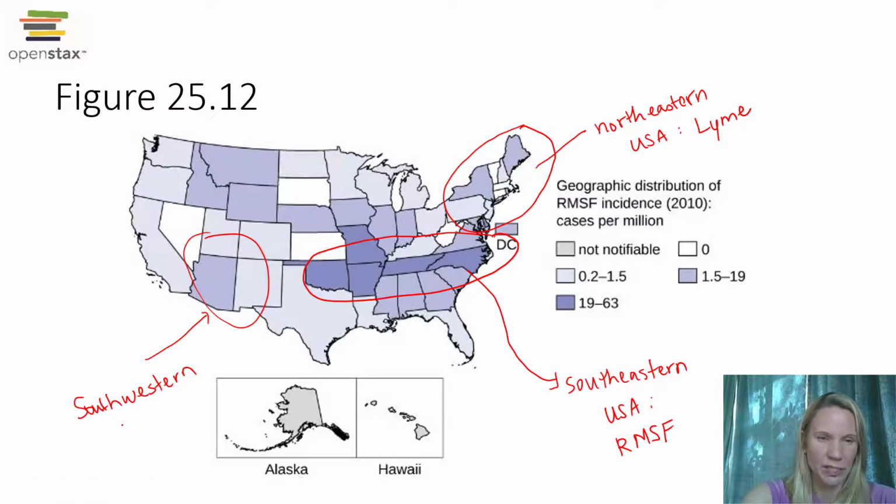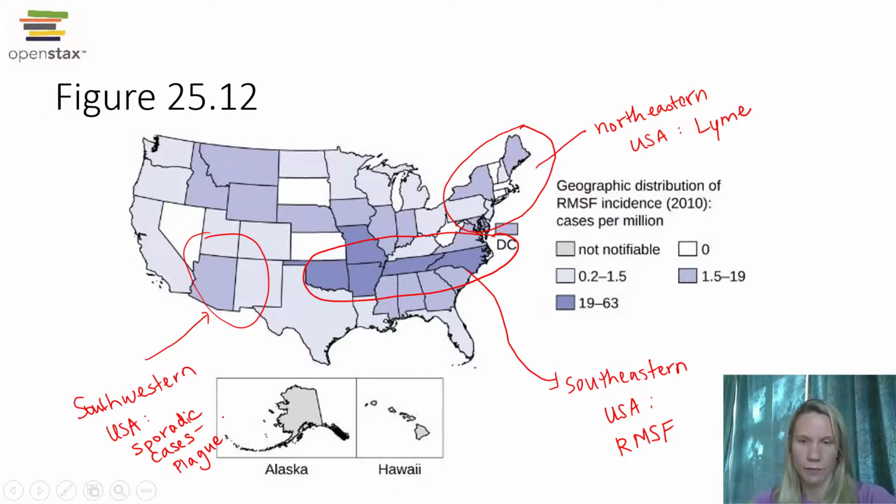We don't worry about it spreading like wildfire like it did in the 1300s. But southwestern US is associated with very sporadic cases of plague. Still around today.